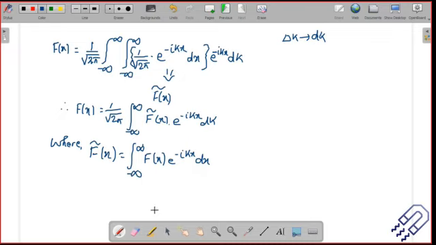So this is called the Fourier transform. So what is this f tilde? F tilde is nothing but the Fourier transform of f(x). We're going to do some numericals where we'll see how we can use these Fourier transforms.